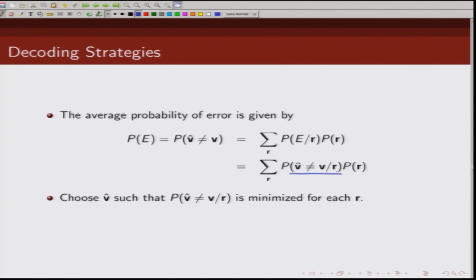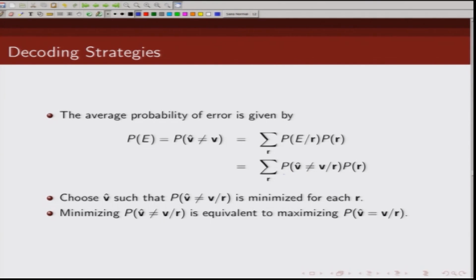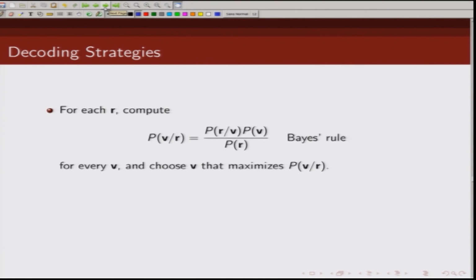For each receive sequence R, this term should be minimized. Now, minimizing this term is the same as maximizing this term. Minimizing the probability that V hat is not equal to V given R is equivalent to maximizing the probability that V hat is equal to V given R. So, we have to maximize this.